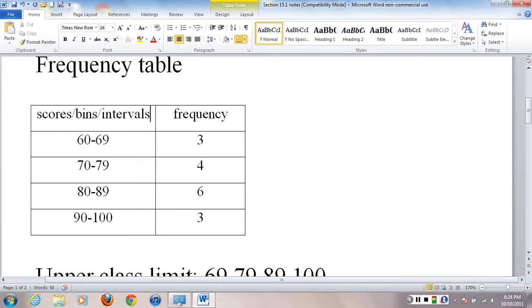A good number that I tend to go by is anywhere from about 4 to maybe about 7 or 8. That's my own personal range that I like to use. So in other words, I'll choose these scores, bins, intervals, these classes, whatever you want to call it, such that it organizes all my scores into about 4, maybe 5 frequency columns, or rows in this case. And I just chose what came naturally, 60 to 69, 70 to 79, and so on and so forth.